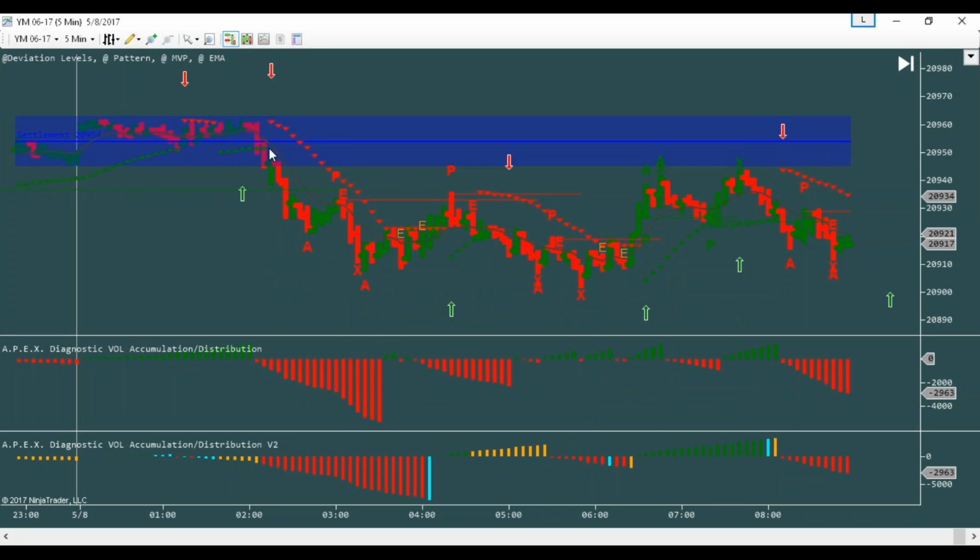I need to see where the market is going now. What's the immediate direction of the market? Because I've got a very short time to expiration and I've got much closer strikes, right? So I need to have a strategy or system that's short-term, immediate.